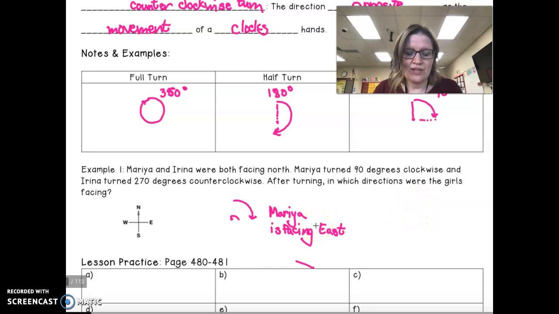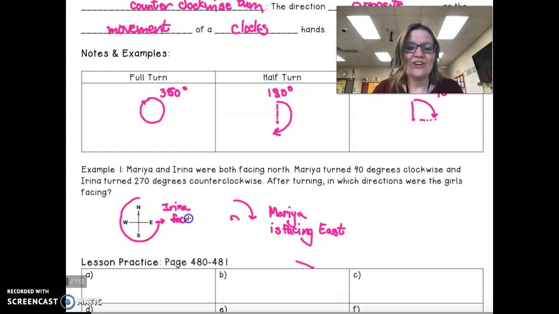So if we were to look at this around our compass rose, she would be going, here is 90 degrees, 180 degrees, and then 270 degrees. And she would stop. And where is she facing now? She is facing, Irina is facing east as well. Only she went the opposite direction.